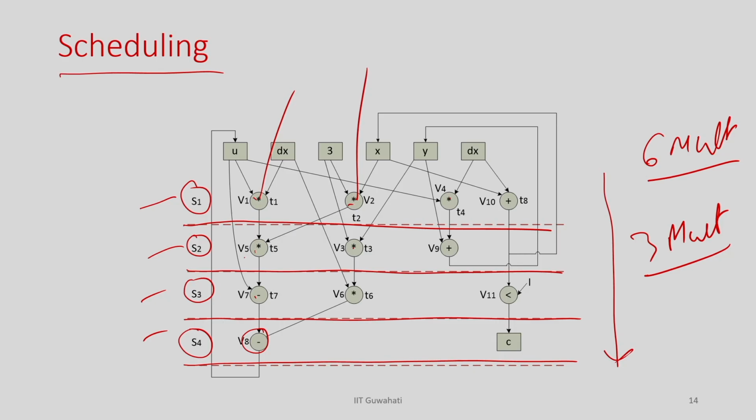Do we need 6 multipliers, or can we use fewer? The answer is that it is possible to use fewer than 6 multipliers. So the question is, what is the minimum number of multipliers needed to execute this behavior? That is what is called functional unit allocation: identifying the minimum number of functional units needed to execute this behavior.